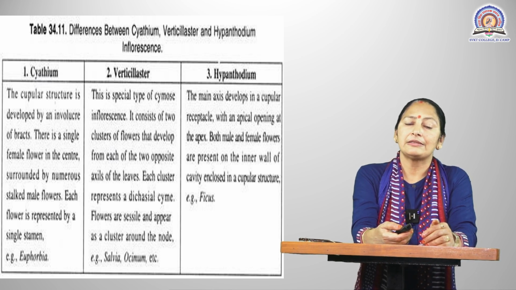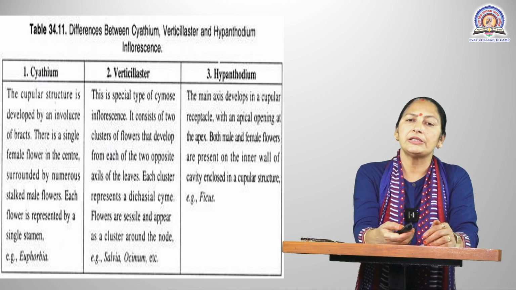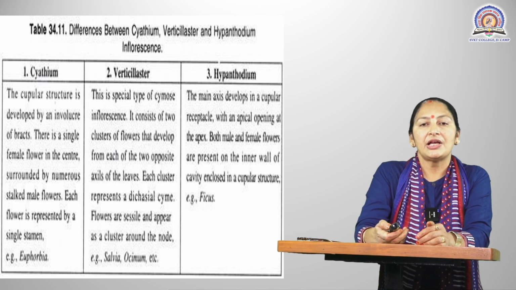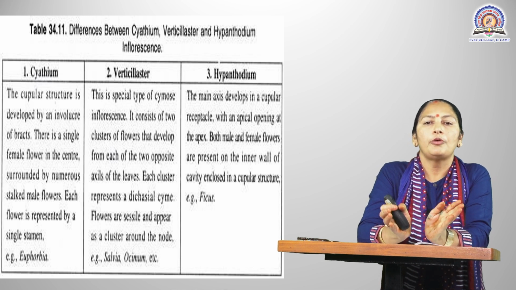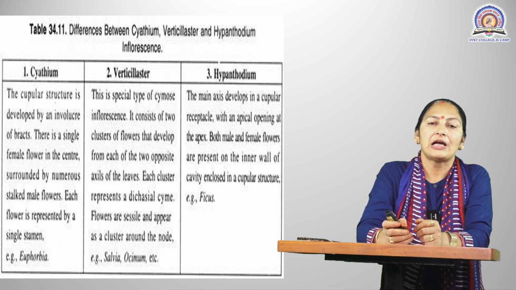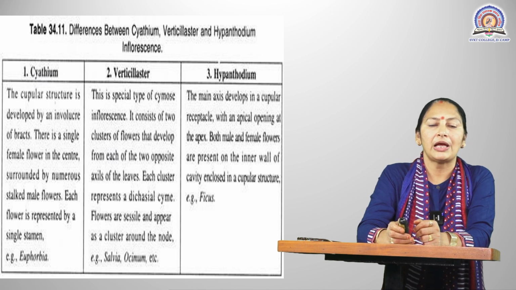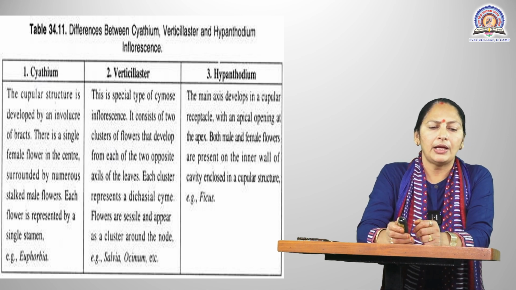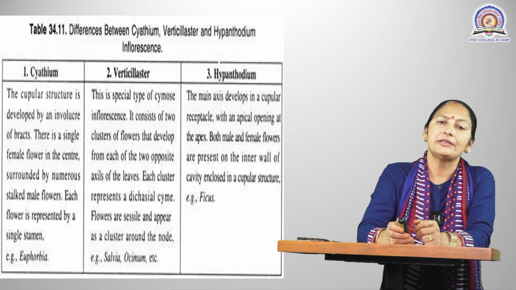The flowers are sessile or subsessile and appear as a cluster around the nodal region of the floral axils. What does dichasial mean? The flowers are arranged on two sides of the node, and that is why this position of the flowers is known as dichasial. Good examples are Ocimum and Salvia.